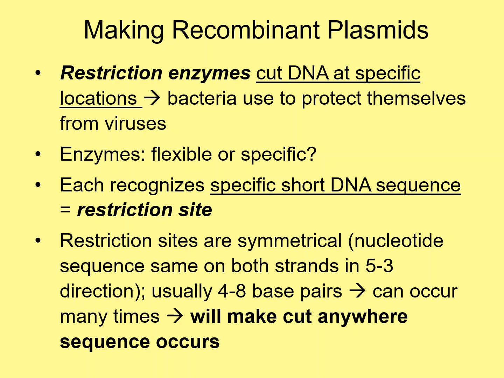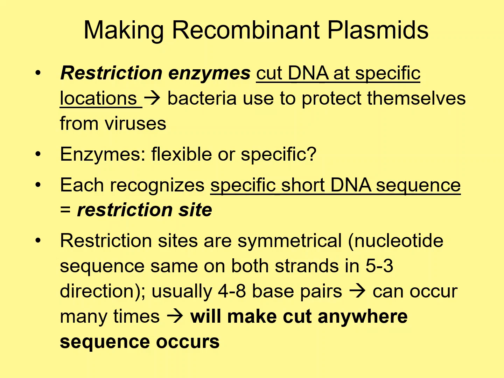But again, unless we're using custom primers that are only going to copy the gene that we're interested in and nothing else on the genome, we may get other sections of the genome that were copied when we copied our gene with PCR.